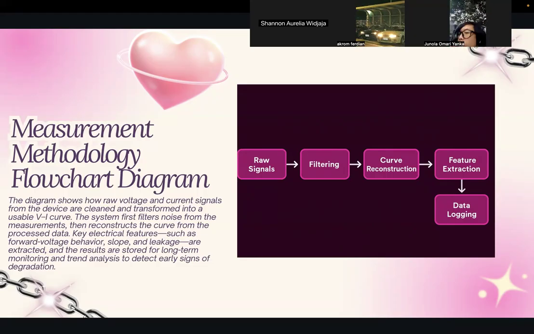After we have successfully reconstructed the curve, we extract the features of the curve itself. And then after all of that, we log all the data, including the extracted features, with the set conditions that we determined before the monitoring. Next.